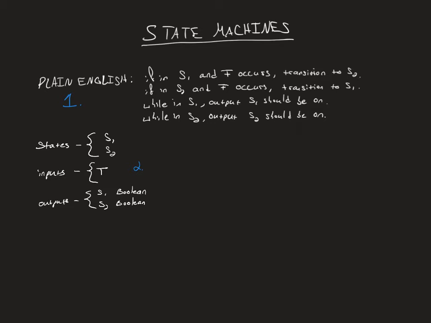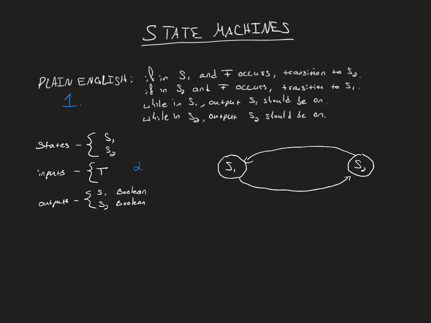Step 3, draw the diagram. This is what a state transition diagram usually looks like. You'll have your states represented in circles. So we've got S1 and S2. Transitions are shown by arcing arrows. And then what causes that transition typically goes on that transition.